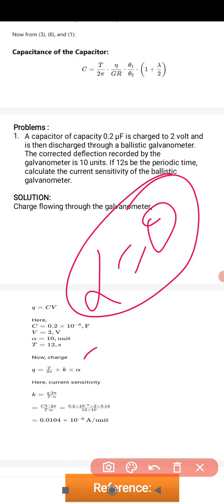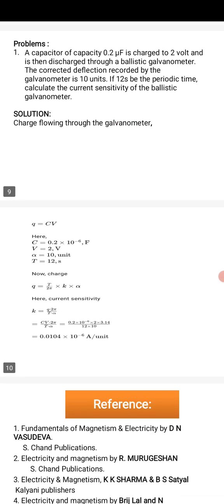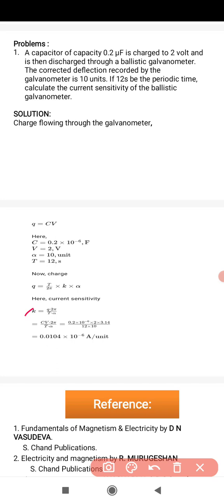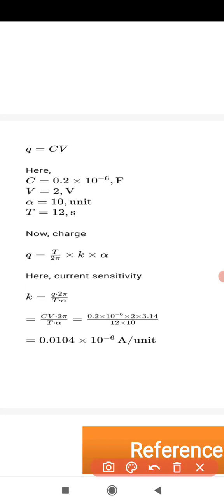Now the charge Q is equal to T divided by 2 pi into K into alpha. Therefore, the current sensitivity K is equal to Q divided by T into 2 pi divided by T into alpha, where Q is C into V. Substituting, we get K equal to C into V into 2 pi divided by T into alpha.